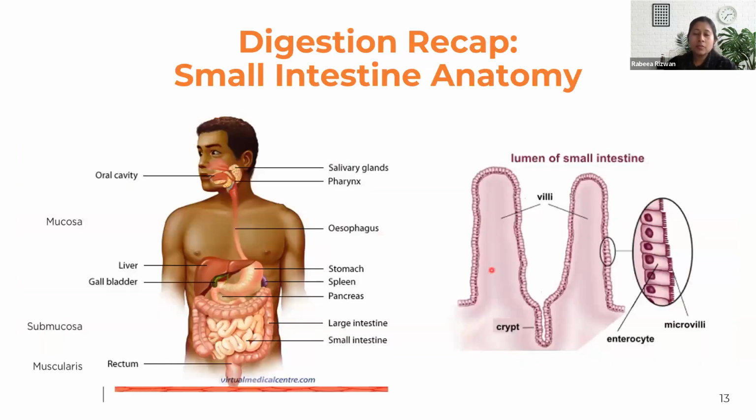Now, here is a recap of the digestive system that you have already studied in school, and what parts it is composed of. First is the oral cavity, from where we take our food, and from the oral cavity food passes down through a tube called the esophagus. After the esophagus, the food goes into the stomach, which carries the acid and digests food inside.